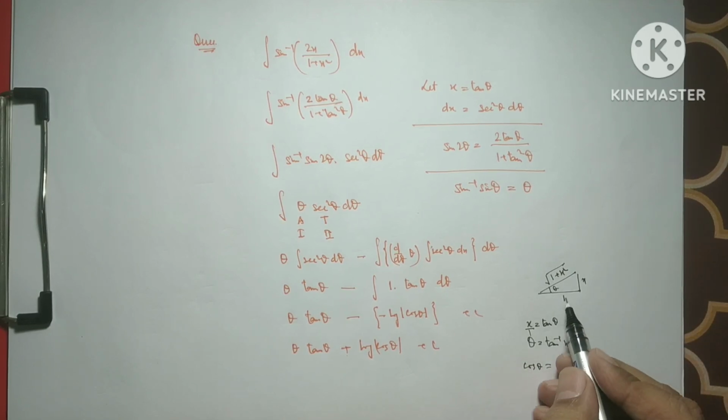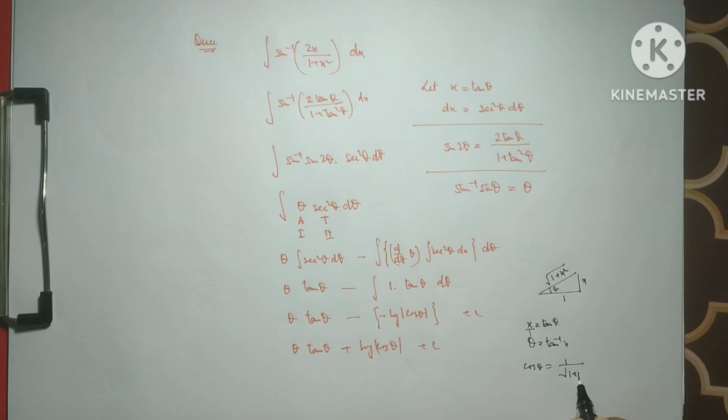So cos theta is 1 over under root 1 plus x square. So we put these values.